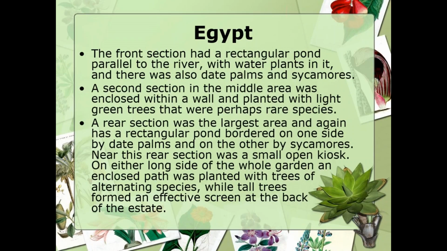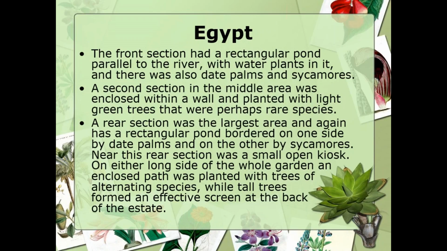The front section had a rectangular pond parallel to the river with water plants in it, and there were also date palms and sycamores. The second section in the middle area was enclosed within a wall and planted with light green trees that were perhaps a rare species. And the rear section was the largest area, and again has a rectangular pond bordered on one side by date palms and on the other by sycamores.